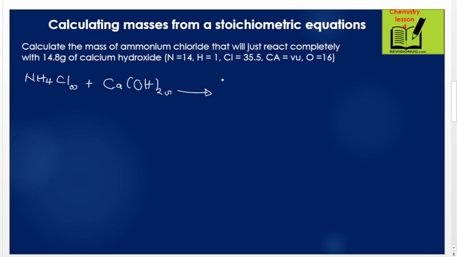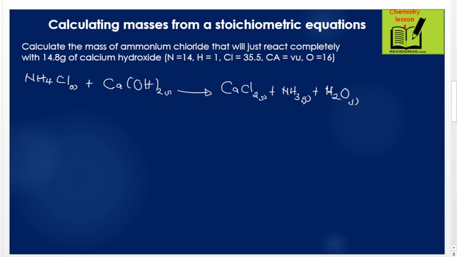What are we going to form? We are going to form calcium chloride there, which is a solid, and then we form ammonia gas, and also we form water there, which is a liquid.